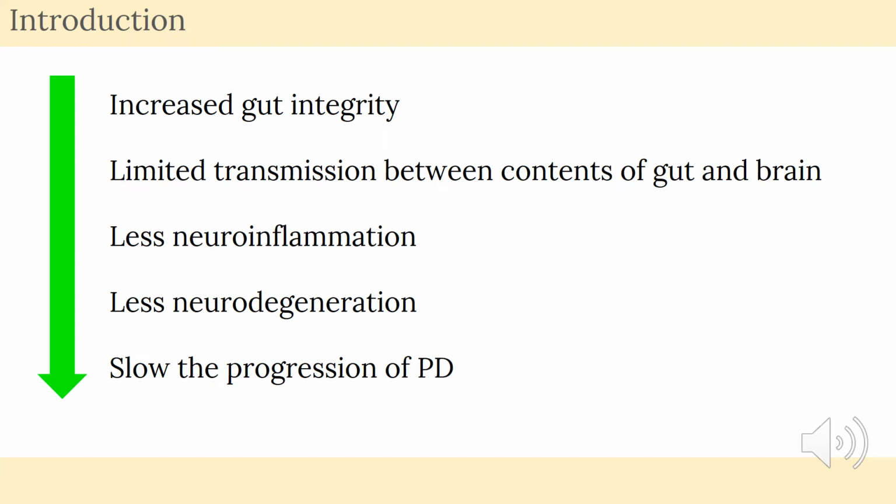So there is less neuroinflammation and less neurodegeneration accordingly. As you can see here, it can definitely slow down the process of Parkinson's disease. So in conclusion, if we can increase the gut integrity, we might be able to slow down the progression of Parkinson's disease by understanding this pathophysiology.